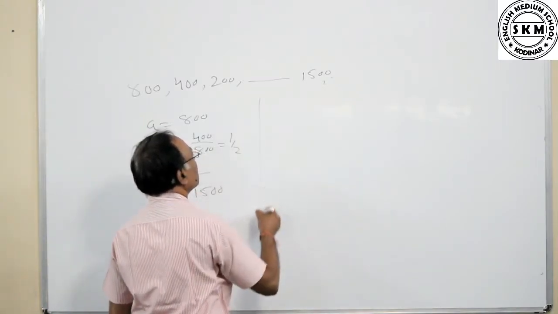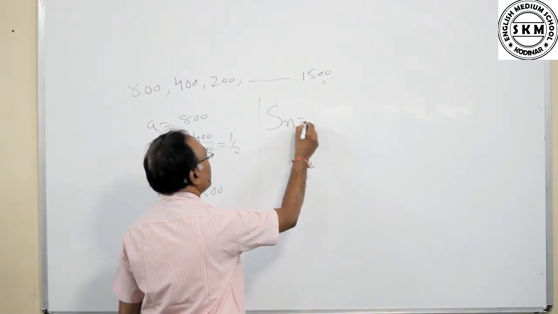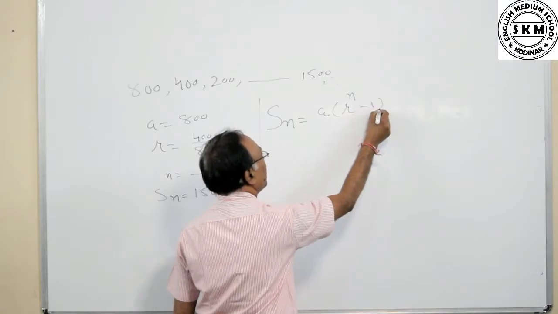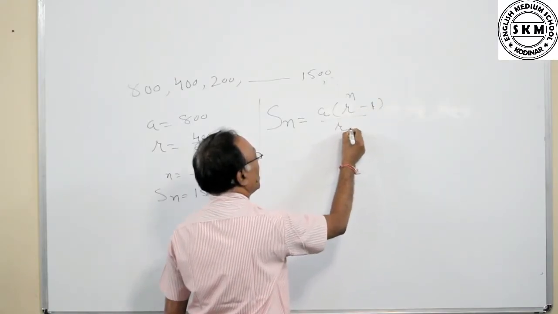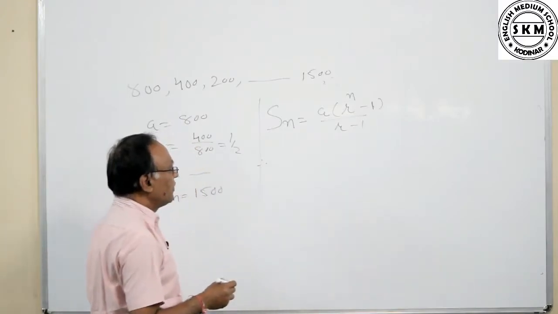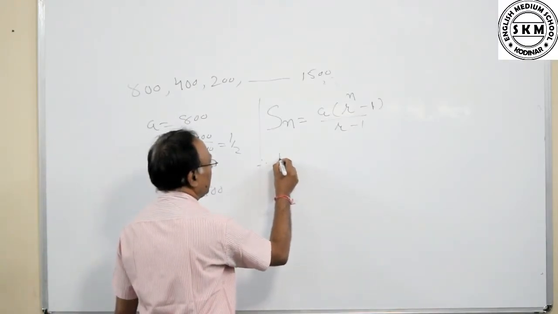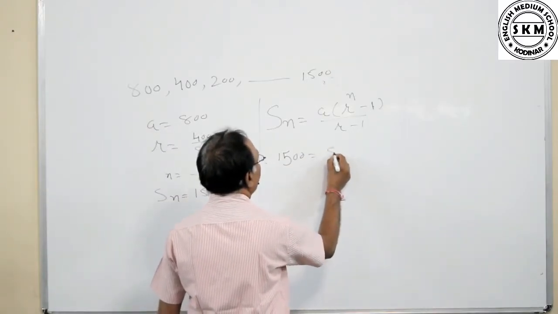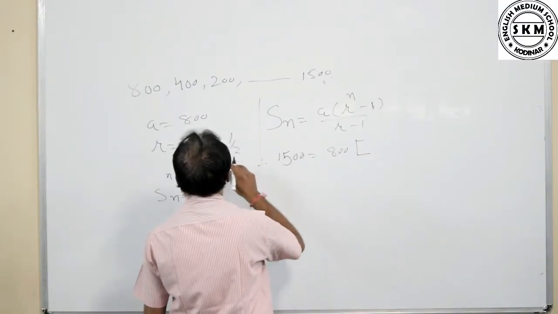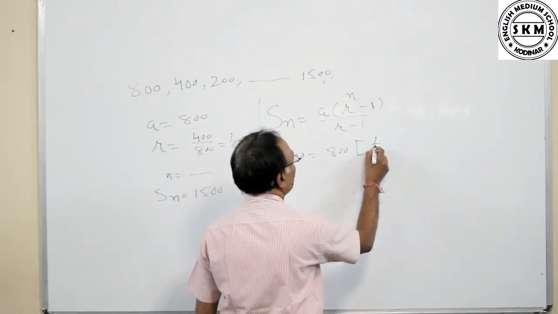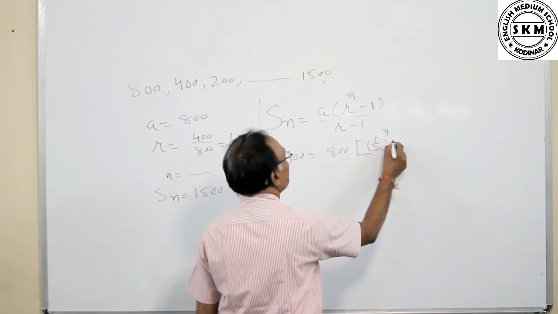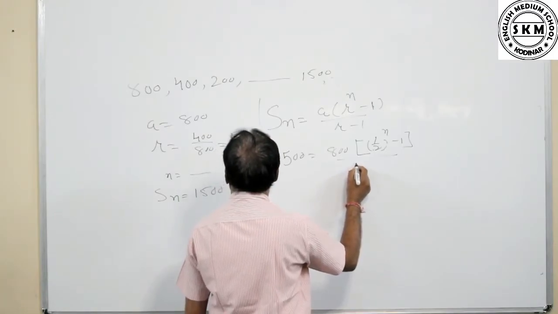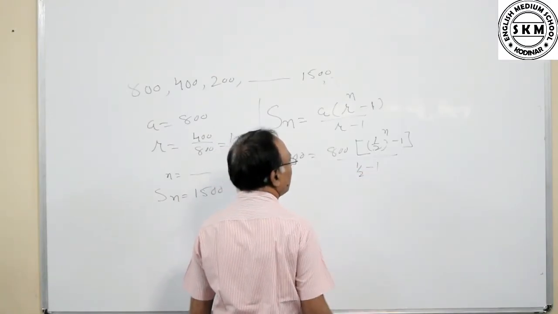Apply the formula: Sn is equal to A into R raised to n minus 1 upon r minus 1. Apply all the values: 1500 is equal to 800 into 1 by 2 raised to n minus 1 upon 1 by 2 minus 1.